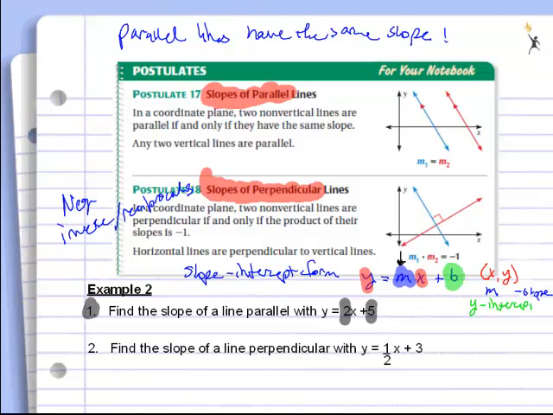Now, what I need to do is find the slope of a line parallel with this line. Parallel lines have the same slope. If this slope is 2, then a parallel line will also have a slope of 2.